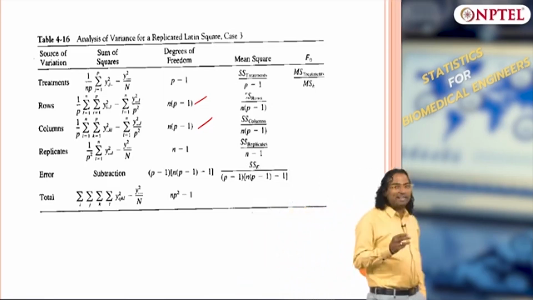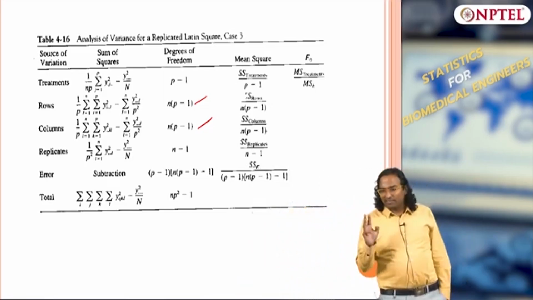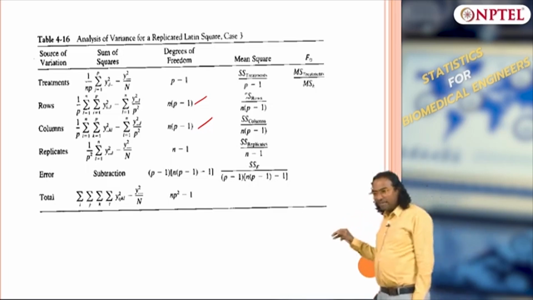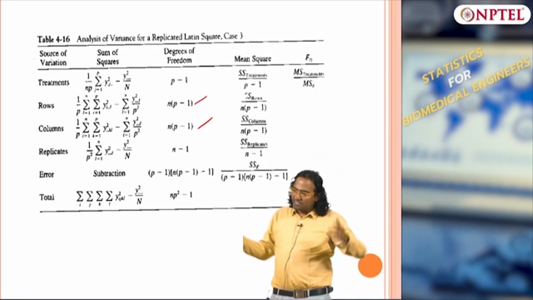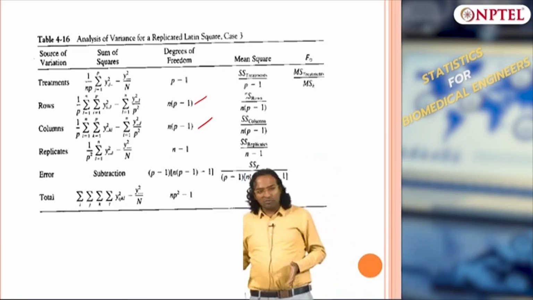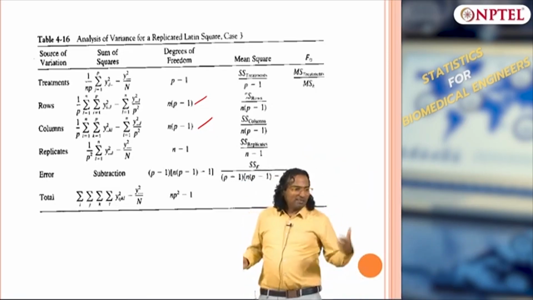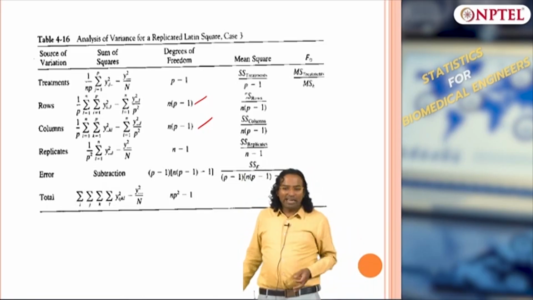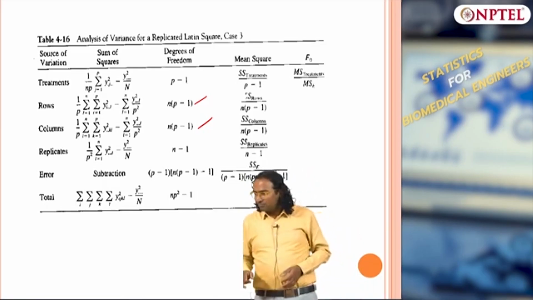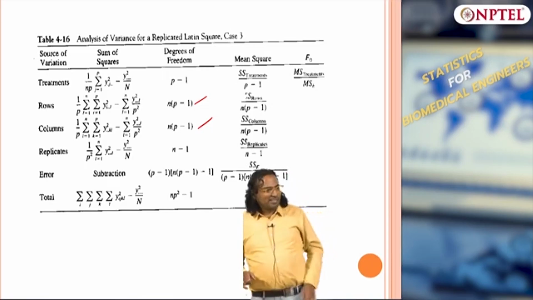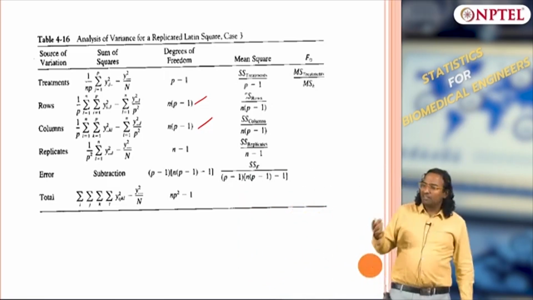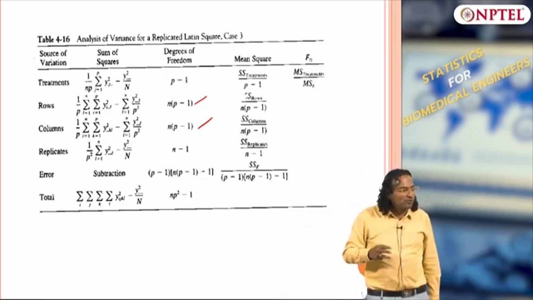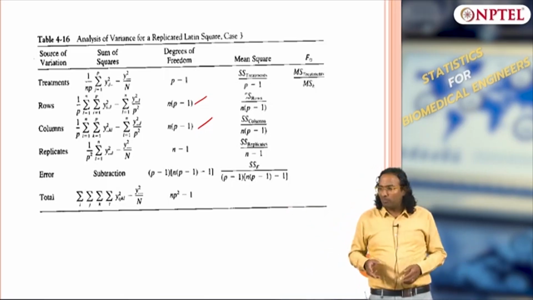Okay. So these are the three cases of replication. When you replicate, you can do it three ways. If the number of variables increases, then the number of strategies in which you can replicate also becomes complex. In this case it is easier, either rows or columns. If I do 3, then that becomes a combination. You understand? If I do 3 nuisance factors, suppose you have treatments plus 3 nuisance factors, then the replication becomes quite complex.